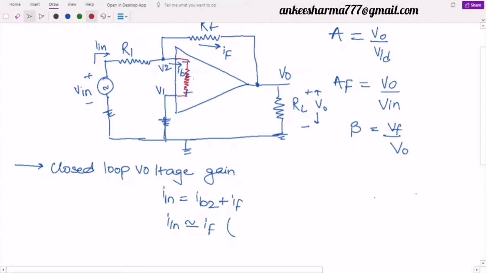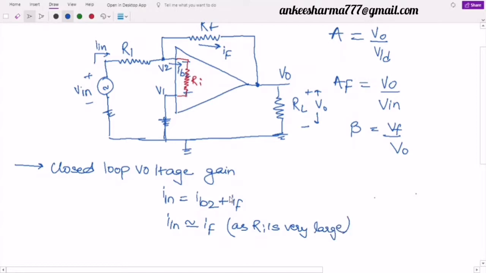The value of Ri is very high. In the ideal case, it is infinity. That's why in the ideal case IB2 is 0. But due to the very high value, this IB2 is very small. So can I say here that as Ri is very large, we can assume that IB2 is very small, or simply I in is equal to IF.